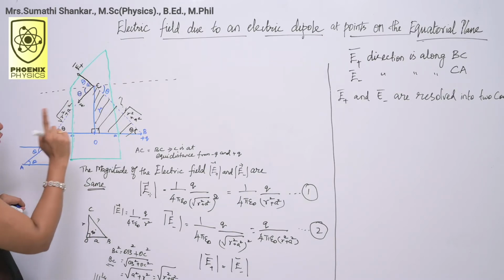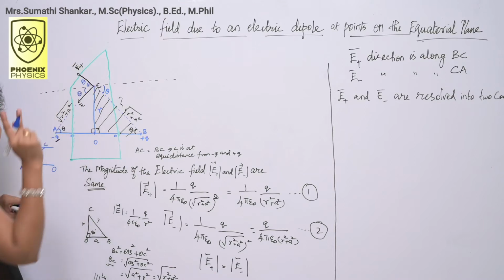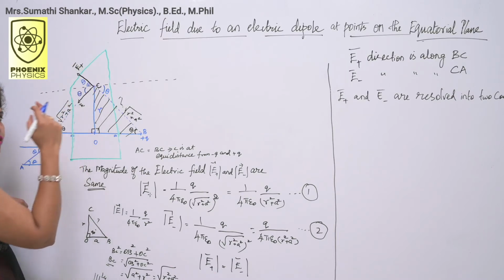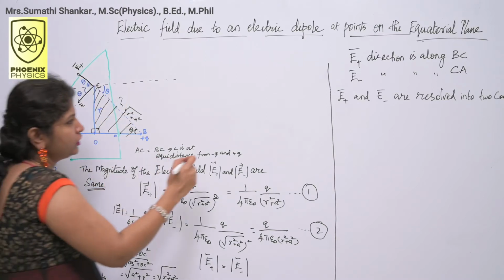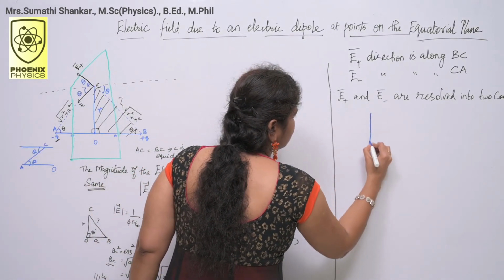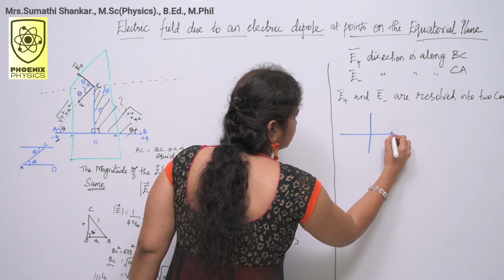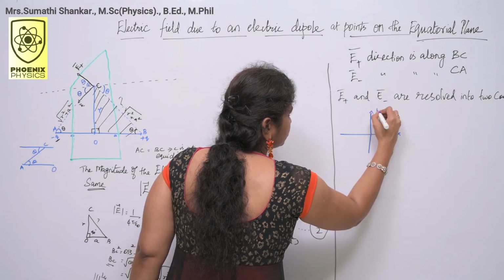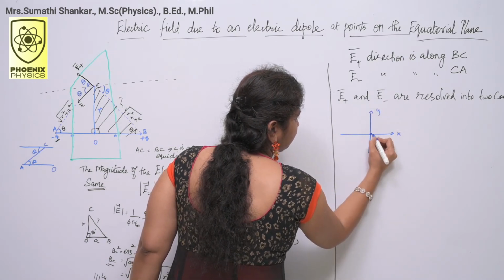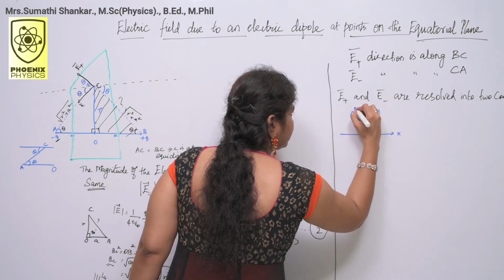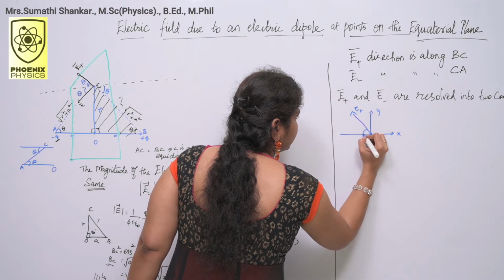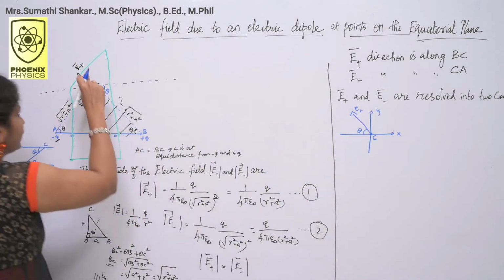Now I am going to resolve E plus into two components, and E minus into two components. I am going to draw this diagram separately. See, this is the x axis, this is the y axis. This is my point C. This one is the E plus direction, it makes an angle theta.